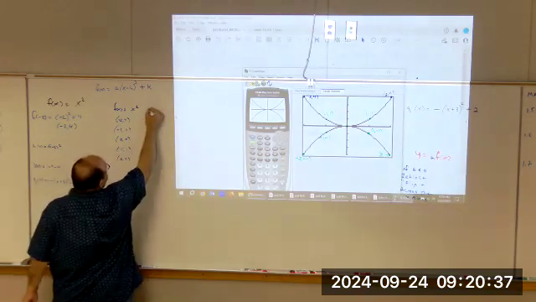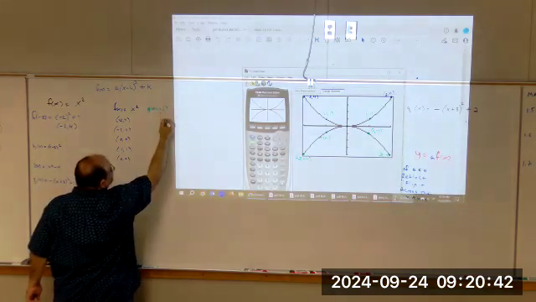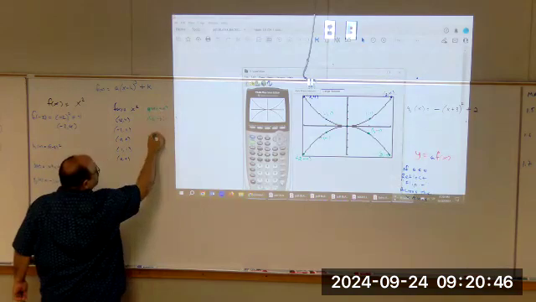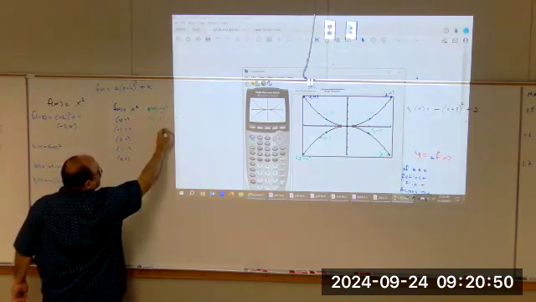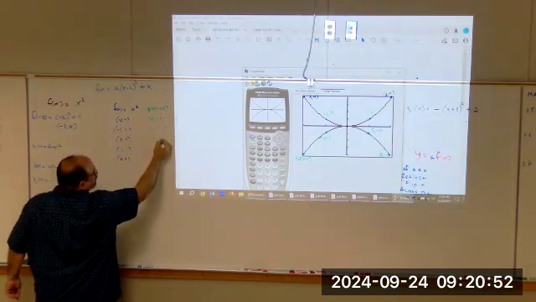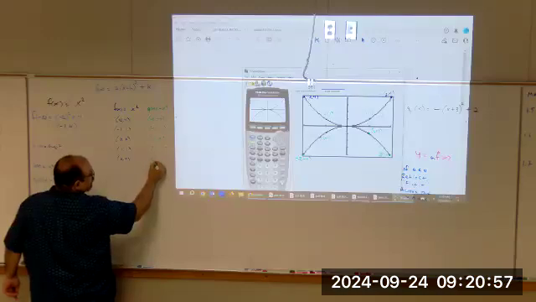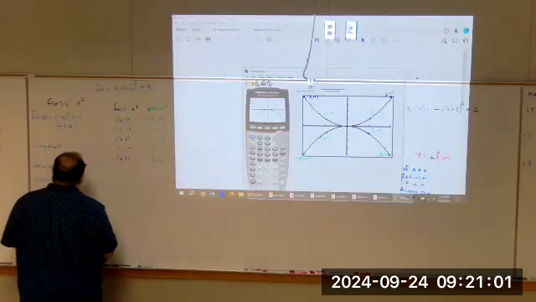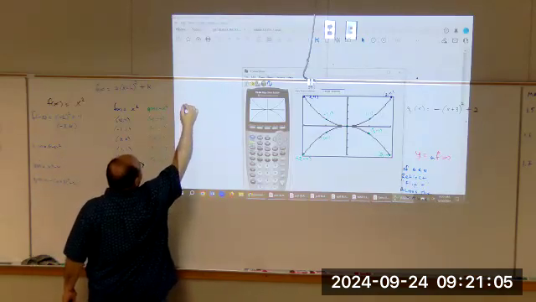Negative version: -2, -4. The y values are just opposites of them. -1, -1. 0, 0. +1, -1. +2, -4. And then the h values.